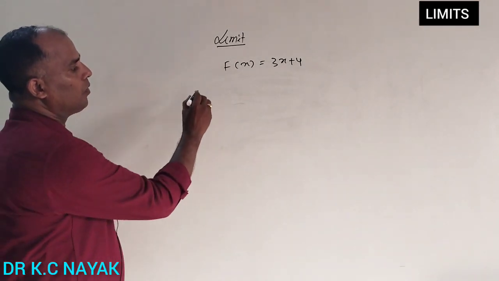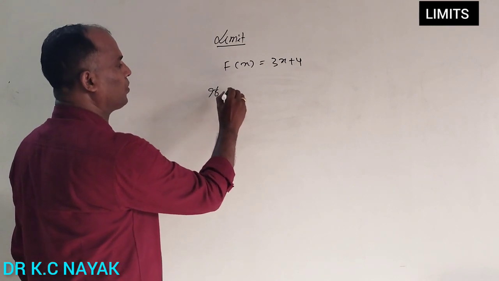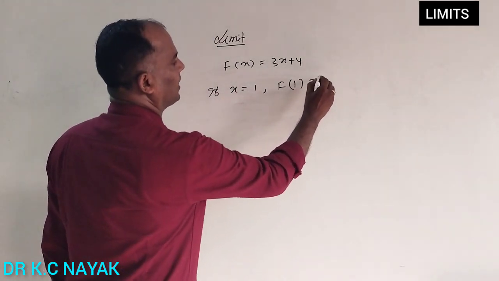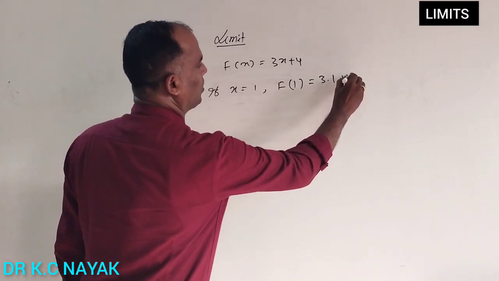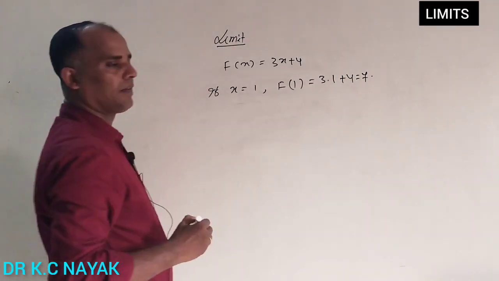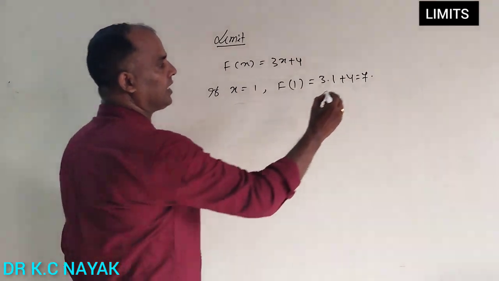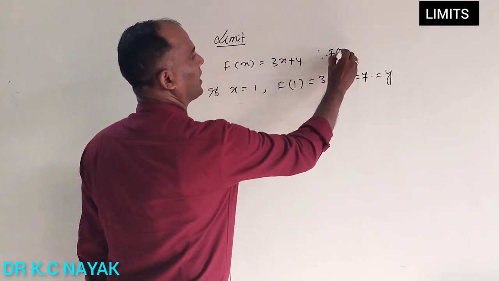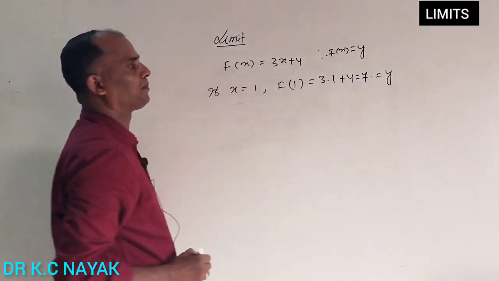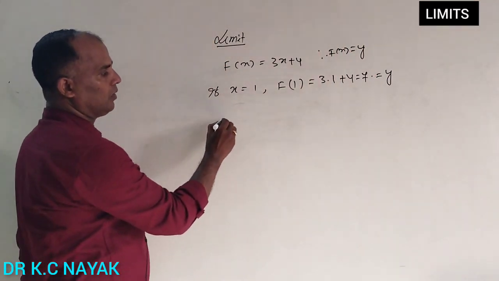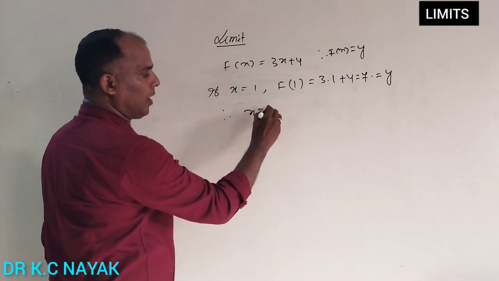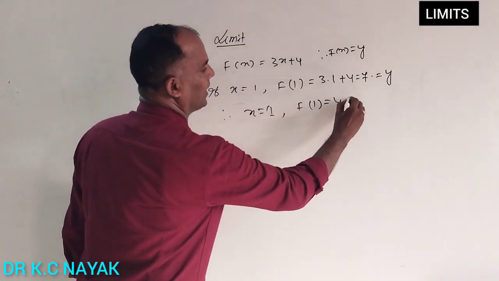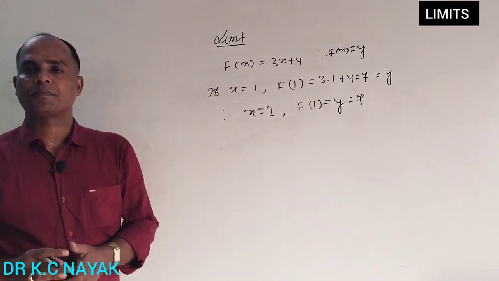If we put x is equal to 1, automatically f of 1 is equal to 3 into 1 plus 4, which is equal to 7. That means this 7 is equal to y, so f of x is y. When x is equal to 1, f of 1 or y is equal to 7.